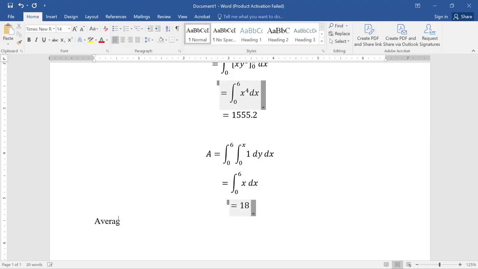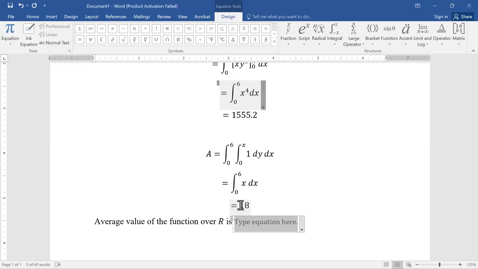So that means the average value of the function over the region R is 1555.2, that's the volume, divided by 18, that's the area. 1555.2 divided by 18 comes out to 86.4.